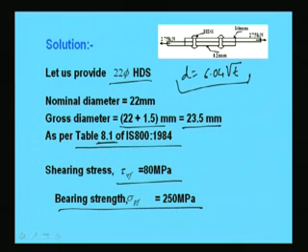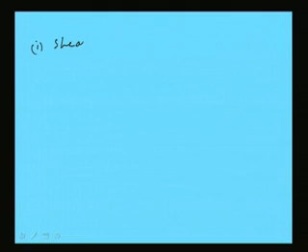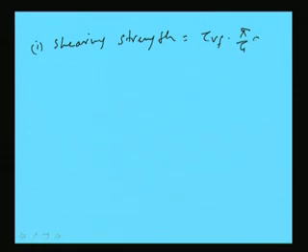Now, we can find out the strength of the rivet. To find out the strength of the rivet, first we will find out the shearing strength. So, the shearing strength will be tau Vf into pi by 4 d square, where tau Vf is the allowable shear stress.